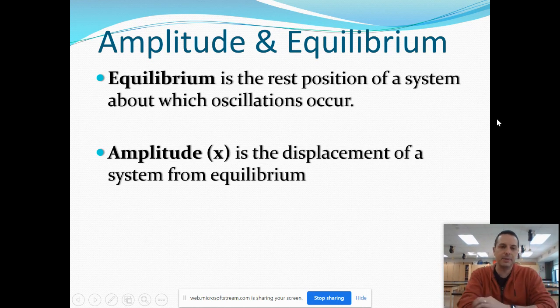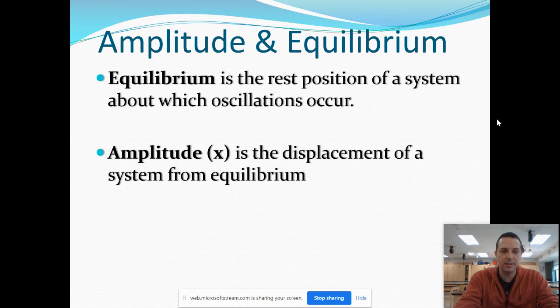If we look at the amplitude of the system, this also applies to oscillations. Anytime that something's oscillating, it's got to move some physical distance away from where it started, away from its equilibrium position. If you measure how far in meters it is away from its equilibrium position, this is what the amplitude of the system is.